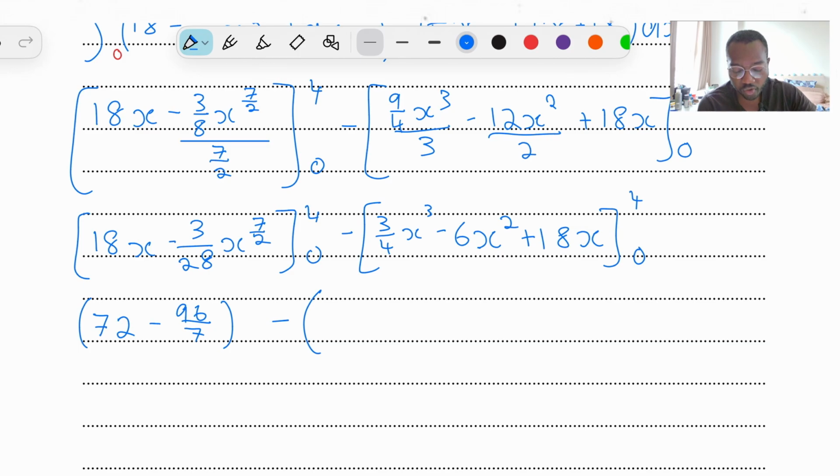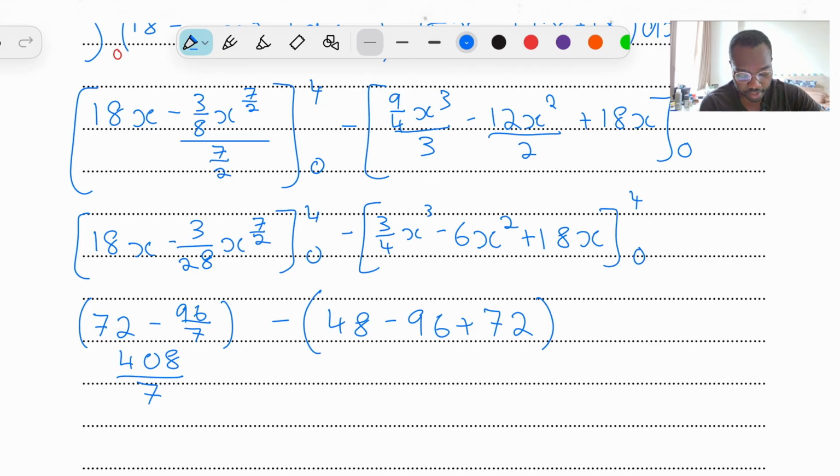Well, 4 cubed is 64, so that's 3/4 of 64, that is 48. Then minus 6 times 4 squared, 4 squared is 16, minus 6 times 16, that would give me a minus 96. And then we have a positive 18 times 4 gives me a plus 72. If you do 72 minus 96 over 7, you would get 408 over 7.